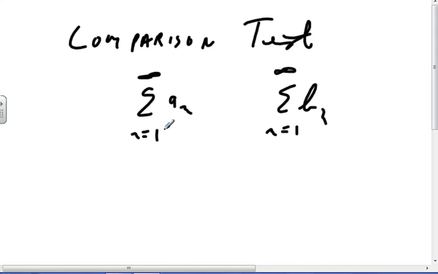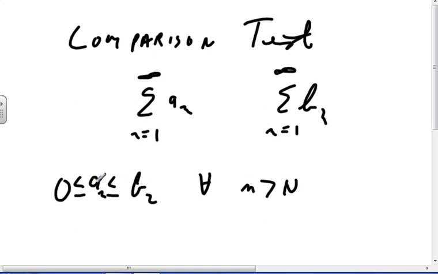And I know that a_n is less than b_n for all n greater than some capital N. So I don't necessarily have to start out that way, but sometime in the future that's the case. The a_n are always smaller than the b_n.